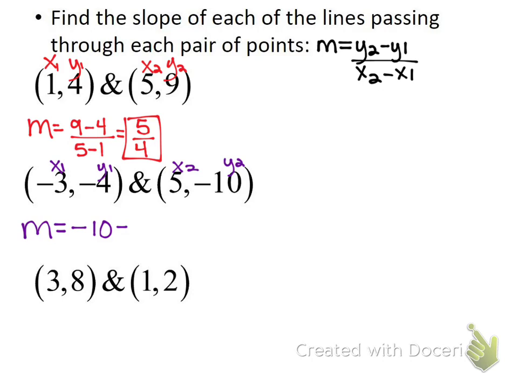Negative 3. What's y1? No, negative 4. There we go. Okay, and then my bottom, my formula says I need to do x2, so what's x2? 5. My operation sign of my formula is minus, and then x1? Okay. What do I do with 2 negatives that are touching?